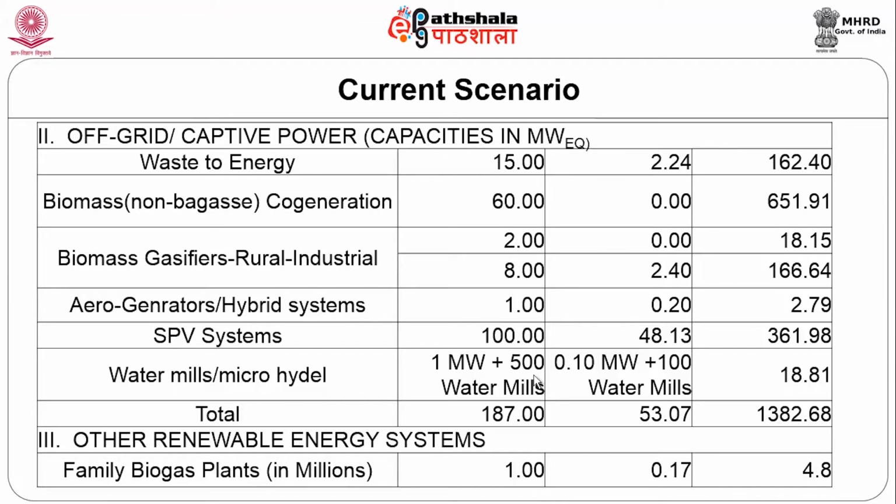And this is about family type biogas plants, of which about 4.8 million have been installed in the country.